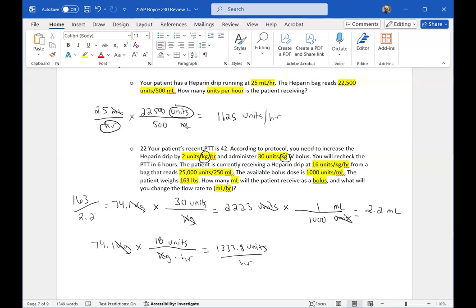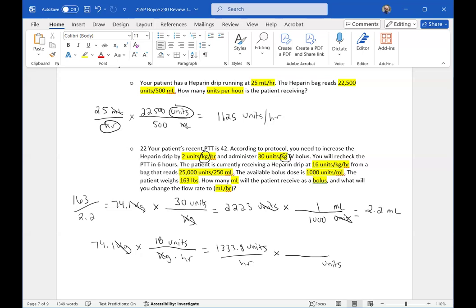Now, this is something that we just went over, and hopefully with some practice, it'll just become second nature to you. All we're doing now is converting units per hour to milliliters per hour. So if you ever get stuck and you're trying to figure out what to do next, get rid of the units.